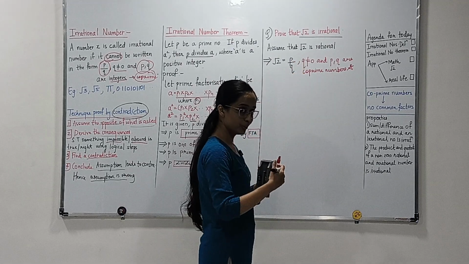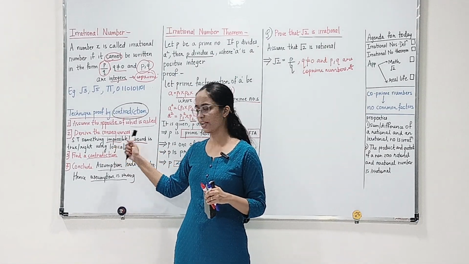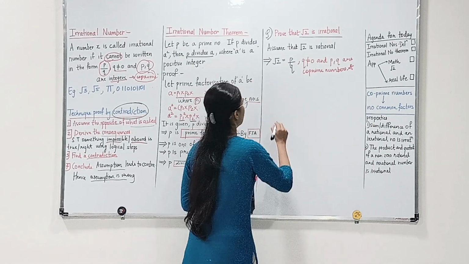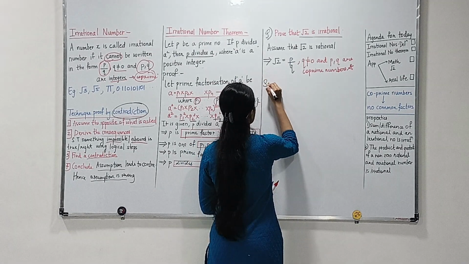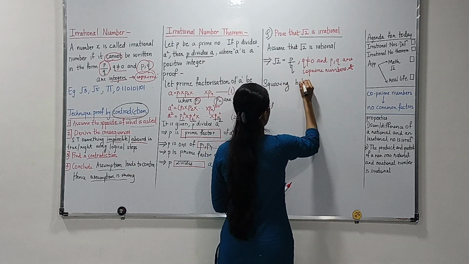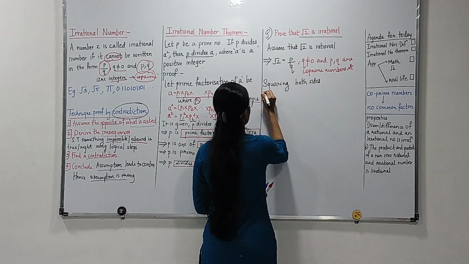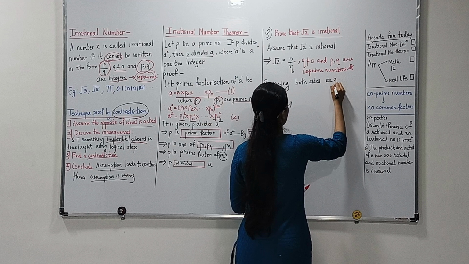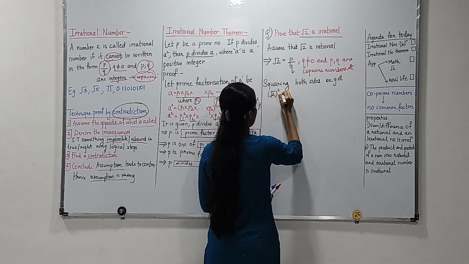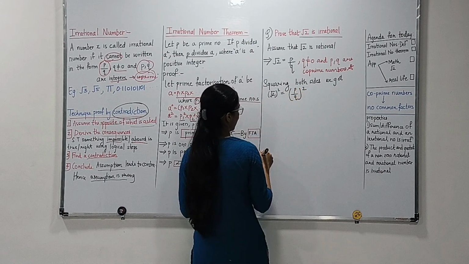Now we are going to use various logical steps and we are going to come up with something that is impossible and absurd. We have started with step number 2. So now we are going to square both the sides. Squaring both sides, we get root 2 square equals P by Q the whole square.